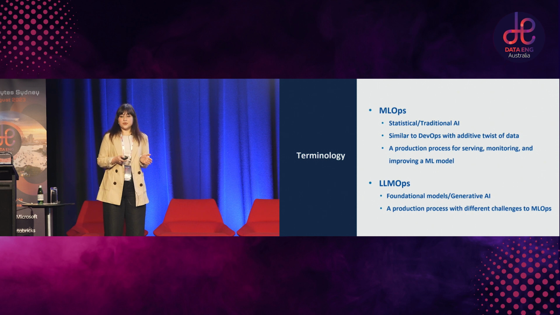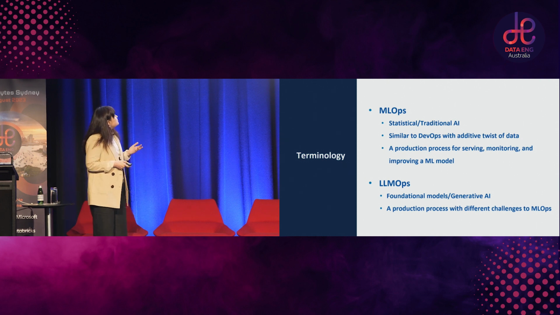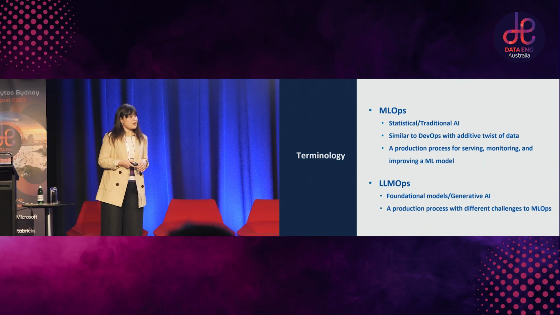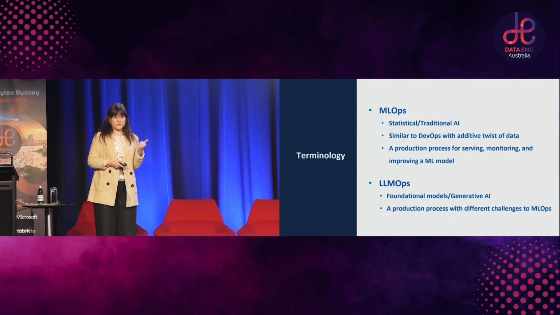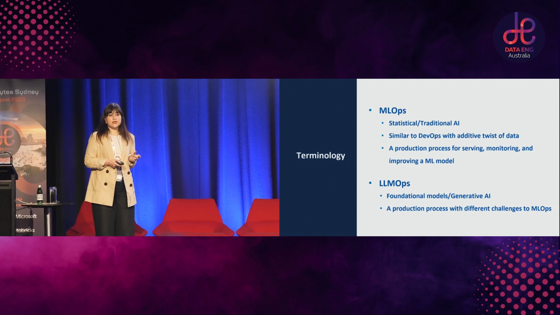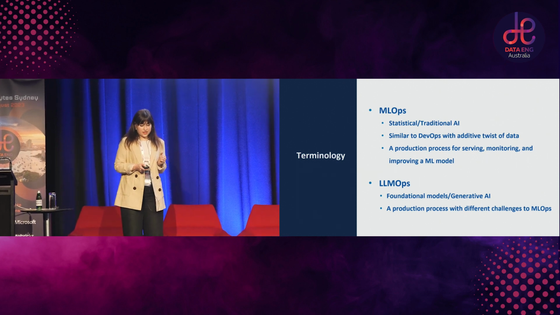We want a reproducible and adaptable process to put a model in production. So the definition we can provide is: MLOps is a production process for serving, monitoring, and improving a model. I also wanted to emphasize the improvement part because that's an important part of MLOps that you need to take into account.